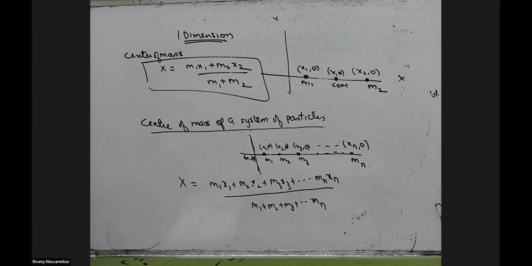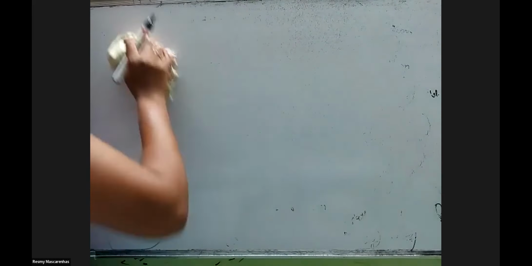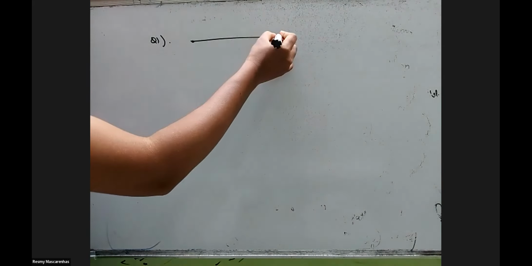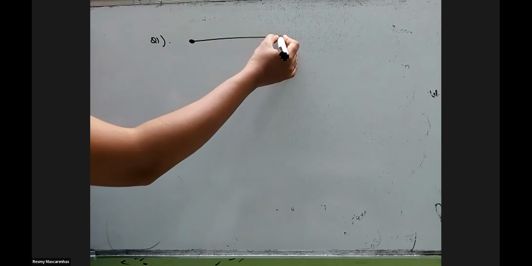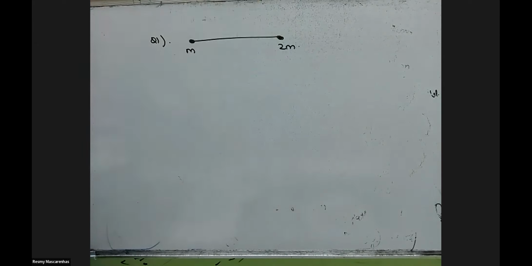We'll start solving the problems. These are simple problems actually. First one. Now we'll try to find a formula as per the formula and see. This is m and this is 2m.